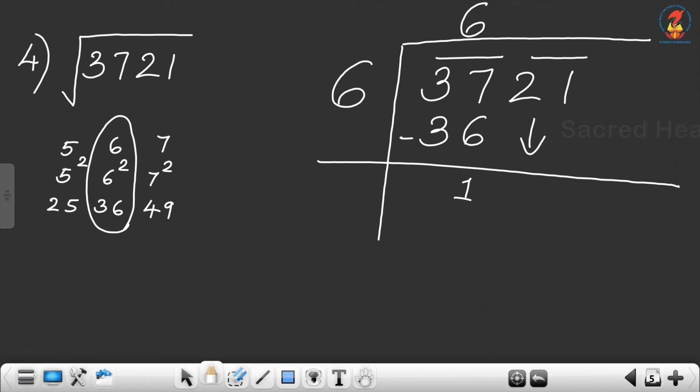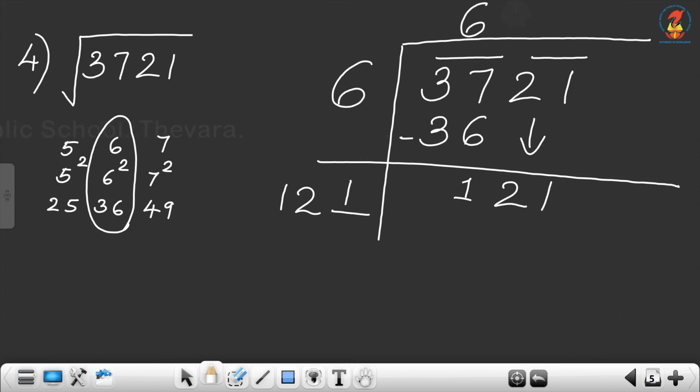Bring the next pair down, 121 as the new dividend. Then double the divisor, double of 6 is 12. Now enter it with a blank on its right. So here you have to get 121. So which digit will come here? 1.